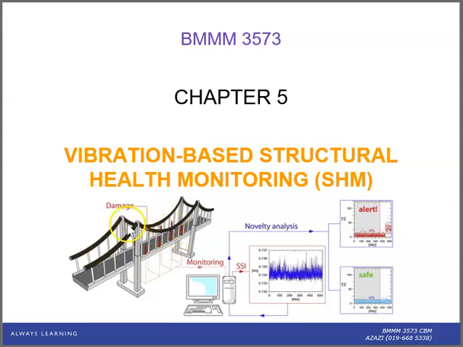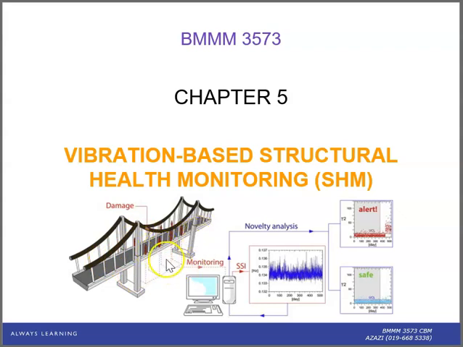Okay, as you can see from this picture, this is an example of the monitoring process for this bridge, to monitor the condition of the connecting rope between the bridge poles.